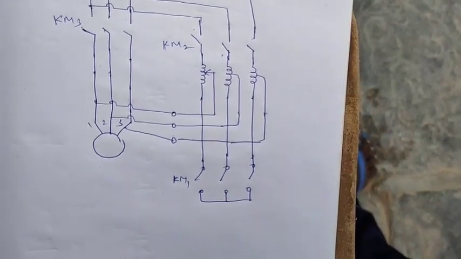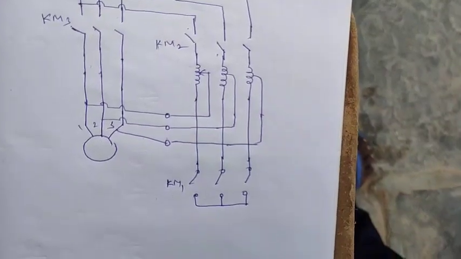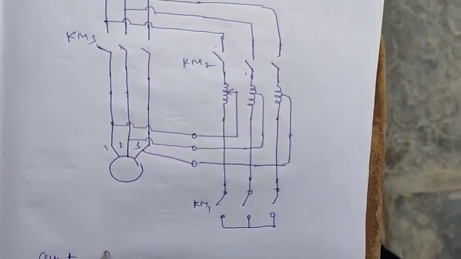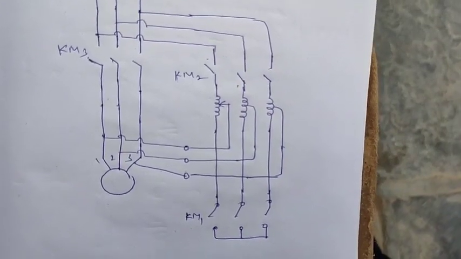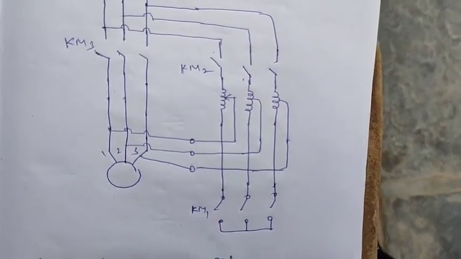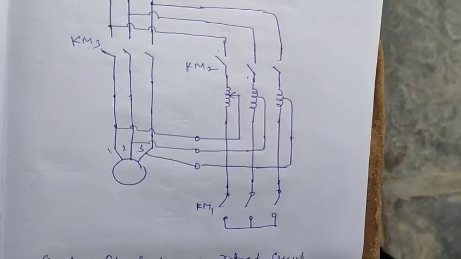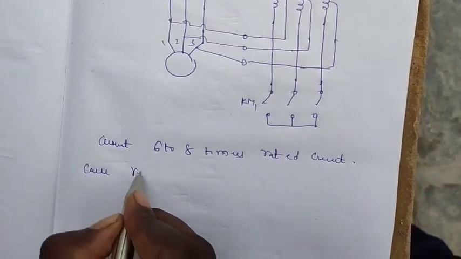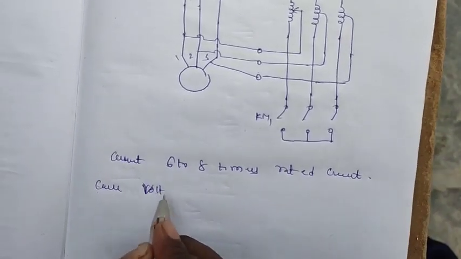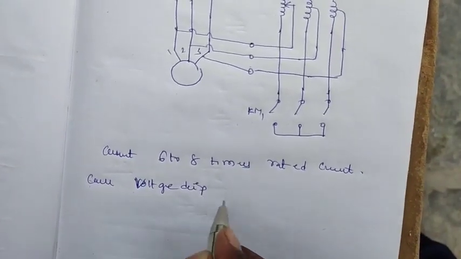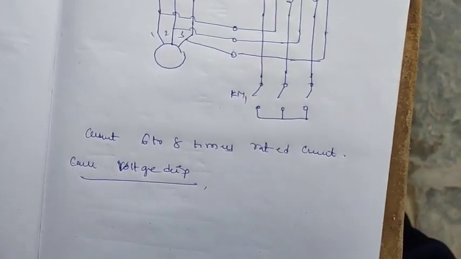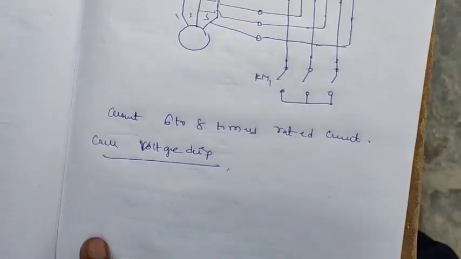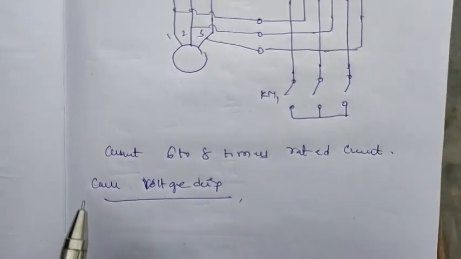It is another starting method to start the 3-phase induction motor. In this, the starting current is 6 to 8 times the rated current. This also causes reduced voltage dip.